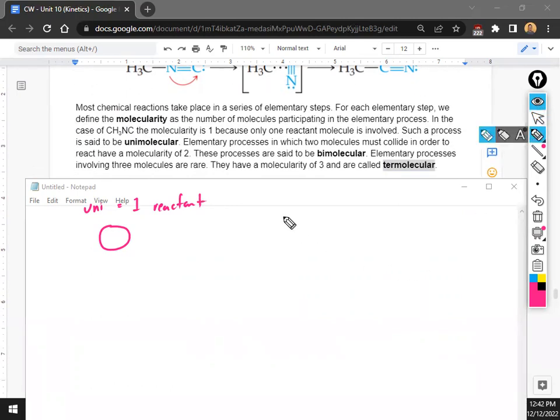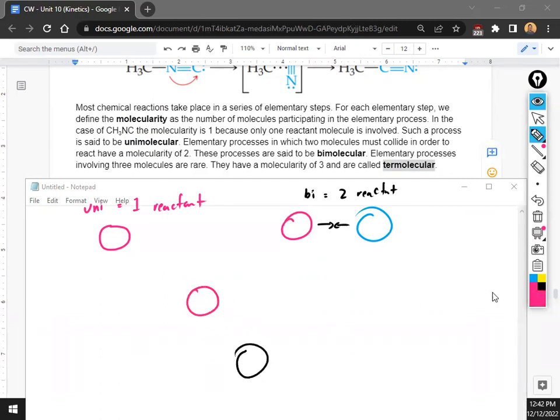Okay, bimolecular is when you have 2 reactants and they collide with one another in the correct way, and then they complete the reaction. This is bimolecular. So there has to be 2 molecules colliding, and this is within the same elementary step. And then a termolecular reaction is where 3 very specific molecules need to collide together at the same time in the correct orientation, and then the step takes place.